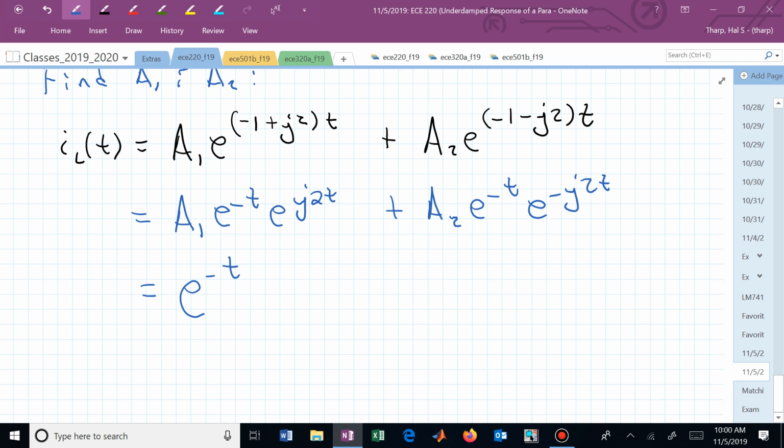Typically we have e to the minus alpha t, and our time constant is the t that causes alpha t to equal 1, which is 1 over alpha. Here alpha is 1, so our time constant is 1. So in 5 seconds, this underdamped oscillation is going to be exponentially damped. We then have a1 e to the j2t plus a2 e to the minus j2t.